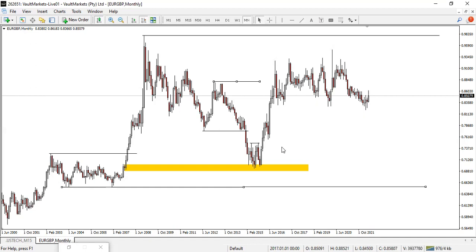It's the same thing as liquidity. After liquidity is taken, the big boys, the market makers, don't have a need to come back to this area again. They are going to the direction where the liquidity is. Keep that in mind always.